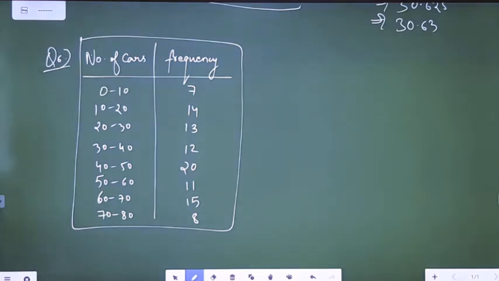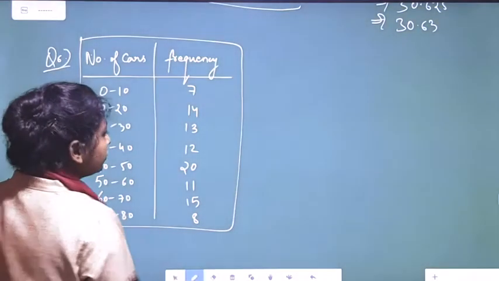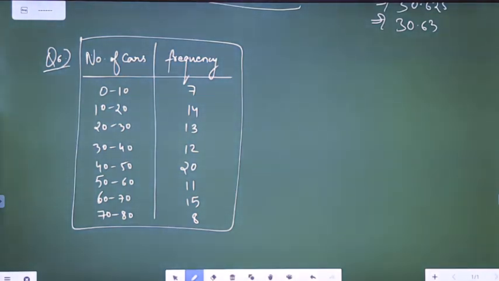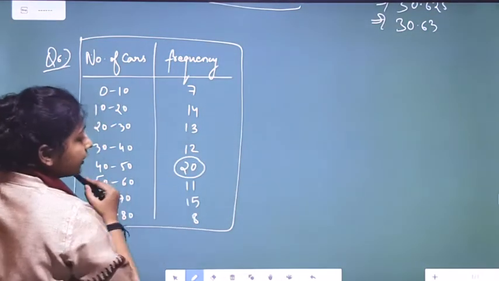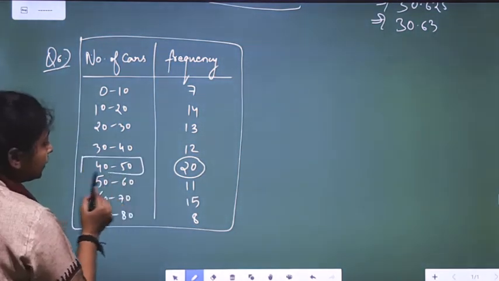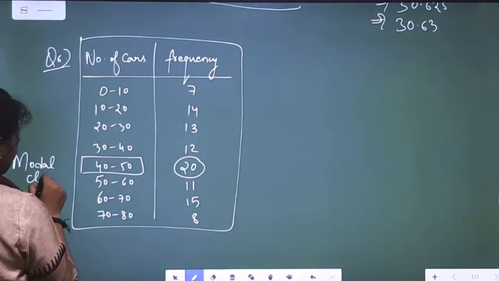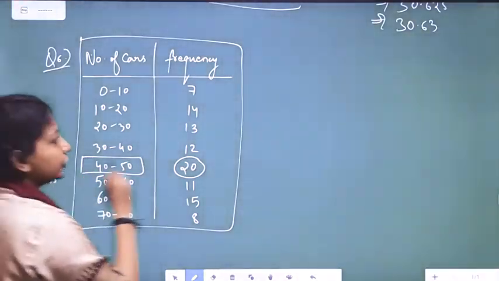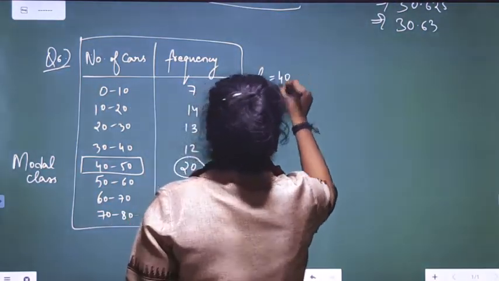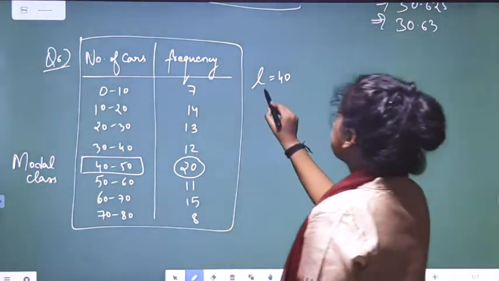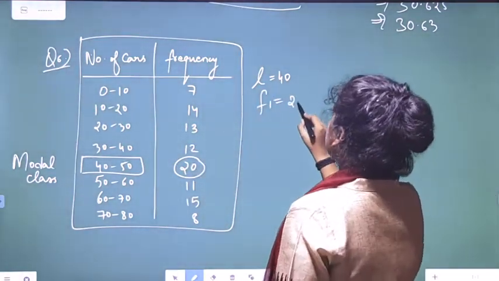Again, similarly we'll do this question also. First of all, we observe the frequency column. Here the maximum frequency is 20. So the class interval corresponding to this frequency will be the modal class. What is the lower limit of this class? 40. So the value of L will be 40 here. The frequency corresponding to this class will be my F1, so this is 20.